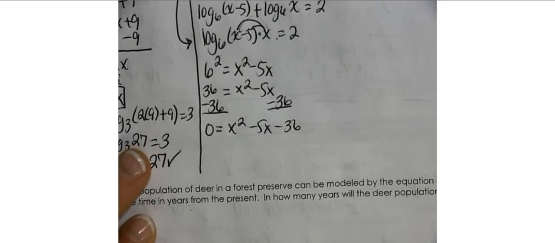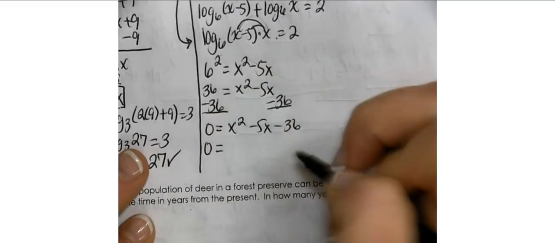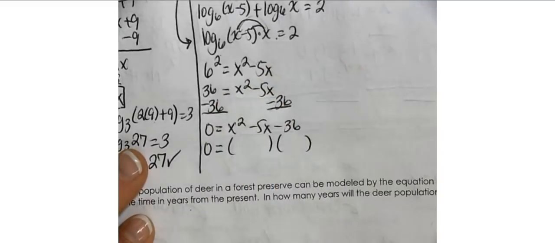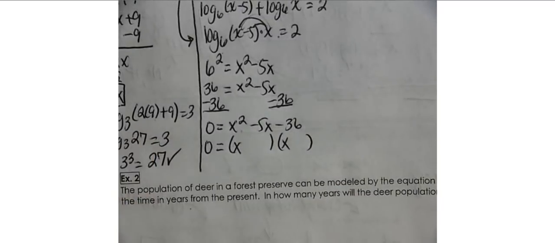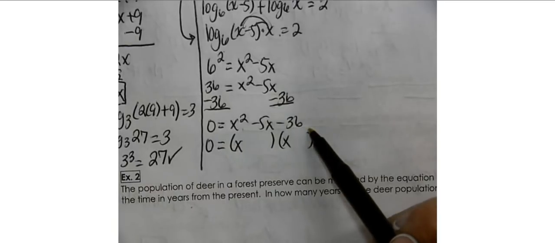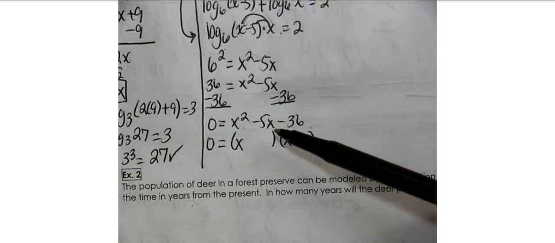So now I'm going to split the quadratic apart into two parentheses, splitting apart the x squared into an x and an x. And I have to think about what two numbers multiply to equal 36, but together add to equal negative 5. So we start at the beginning. 2 and 18, when added or subtracted, will not give us a 5.